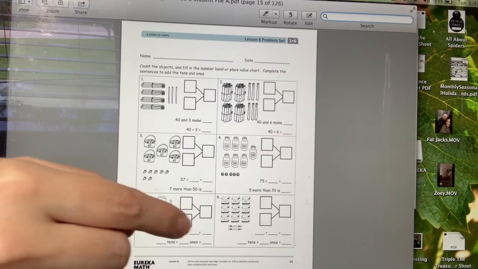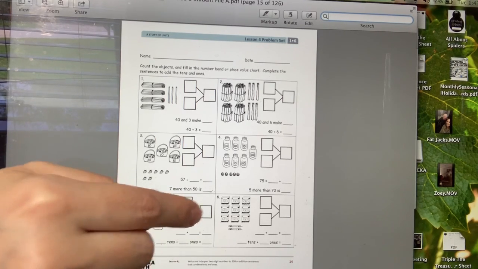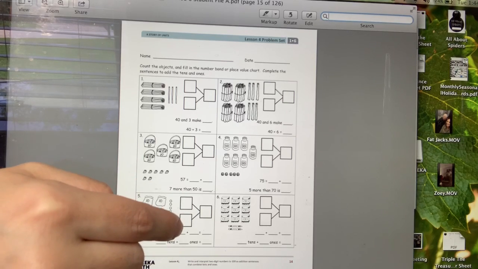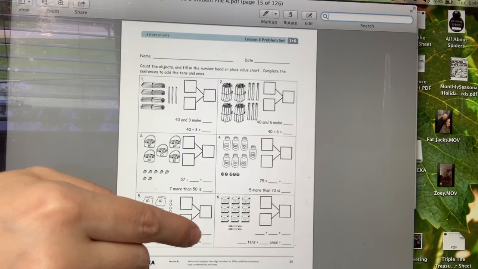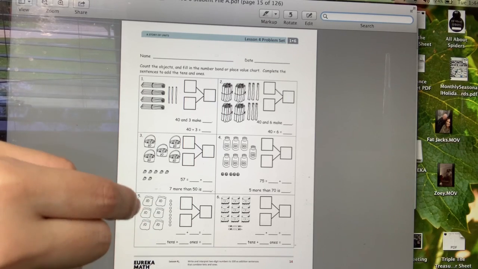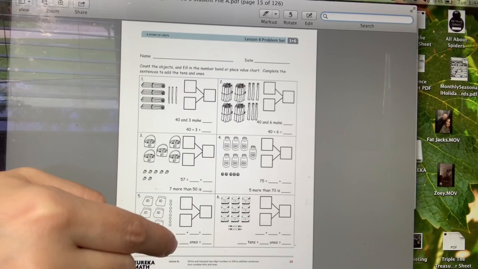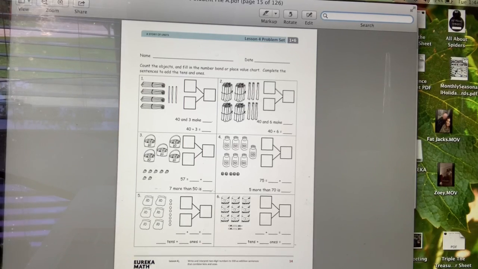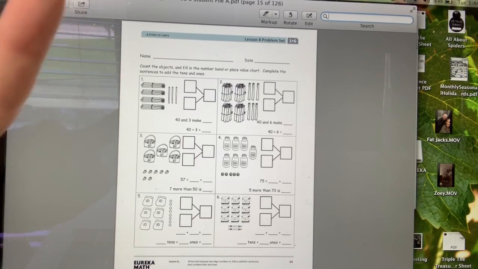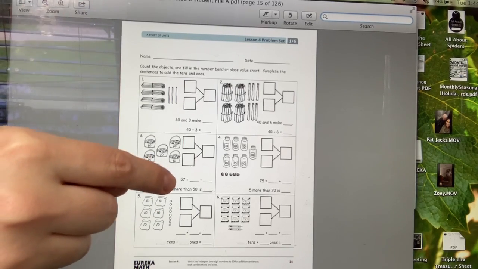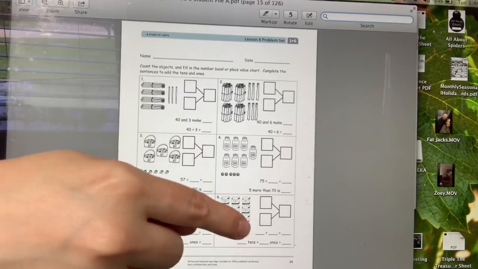So if that number is 68, I would put 68 here, 60 here, 8 here. I would do 60 plus 8 equals 68. I only have 6 tens plus 8 ones to give me 68. So remember, your verbiage makes a big difference in how you view things or how you write things. So pay very close attention. Also pay close attention to where that equal sign is, because I like to flip-flop it on you.